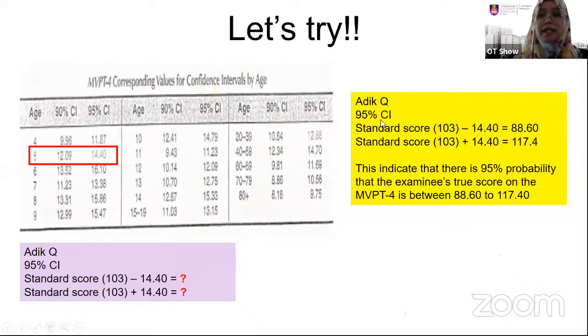Alright, so betul lah yang tuan-tuan dan puan-puan kirakan tu. Okay, bila kita dah dapat ni, so kita tahu adik Q ni dia punya true ability dia untuk MVPT4 ni between 88.6 to 117.4 within dia. So ni normal lah ni.